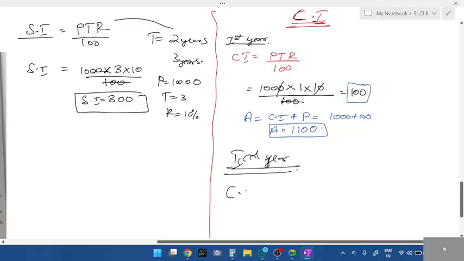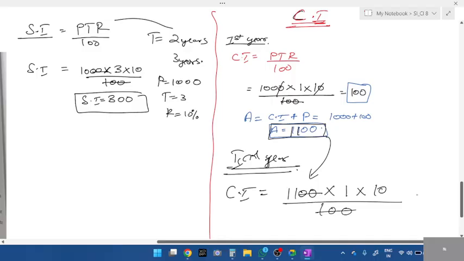For second year, compound interest is equal to PTR by 100. Principal is not 1000. What's the new principal we have? Yes, you have to take 1100. This amount into time will be 1 year. Rate is the same, 10%. What's the answer? The answer is 110. Then you have to calculate the amount again.